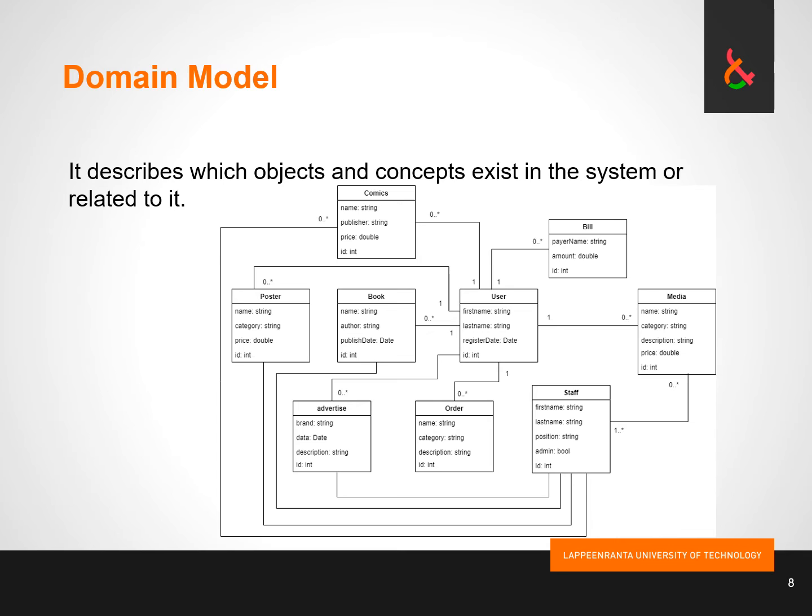Every component or object contains different attributes, such as first name, whose type is a string, last name, which is a string, register date, and ID.